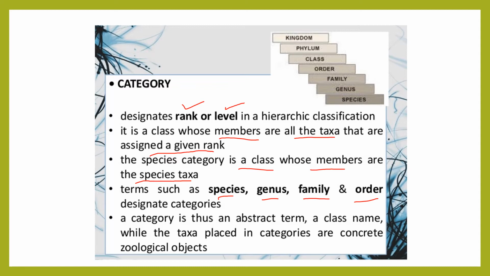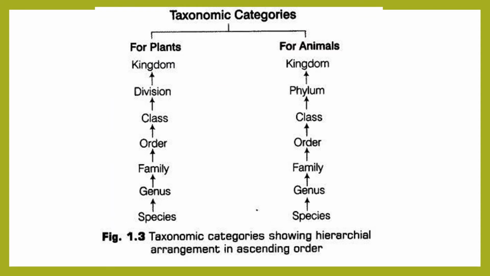Now, whatever you can see over here, when I go from kingdom to species, it's a descending order. Next, taxonomic categories are shown for plants as well as animals in ascending order.